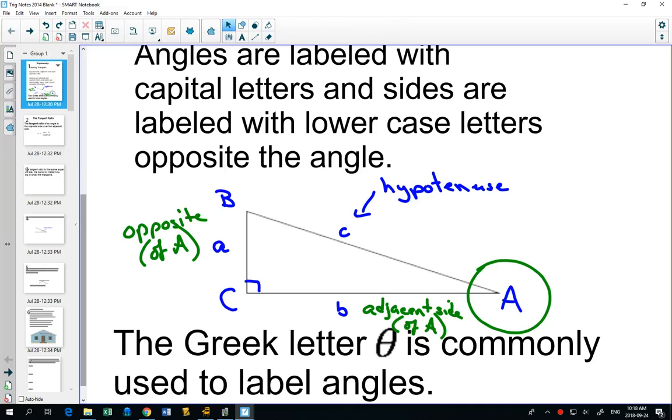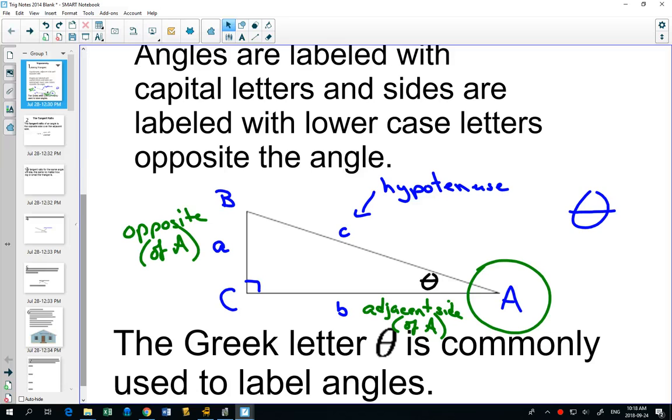Have you seen the Greek letter theta before? Have you done trigonometry where theta's been used? No? So it's a Greek letter. It's pretty easy to make. You make like a zero and draw a line through it. And when referring to angles, if I wanted to talk about angle A, sometimes I would put theta in there.